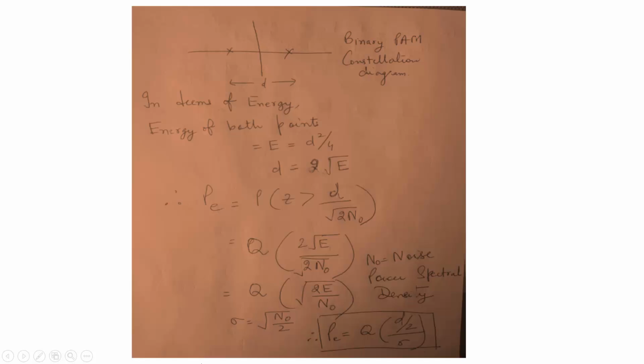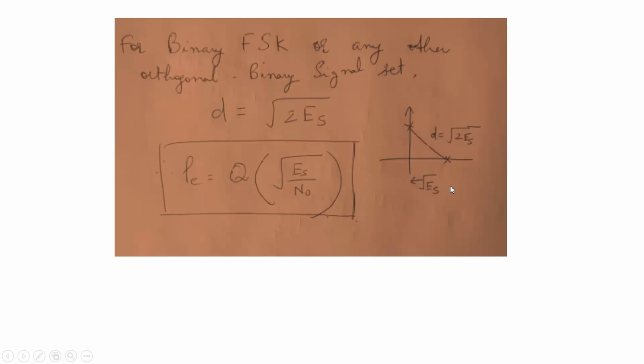We calculated d is equal to 2 under root E, so the distance from the origin will be under root E. So this will be under root E, this will be under root E, and this d between the signal points in an orthogonal modulation scheme will be equal to under root of 2Es.